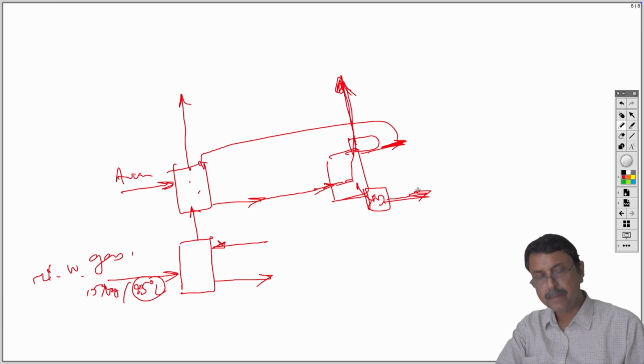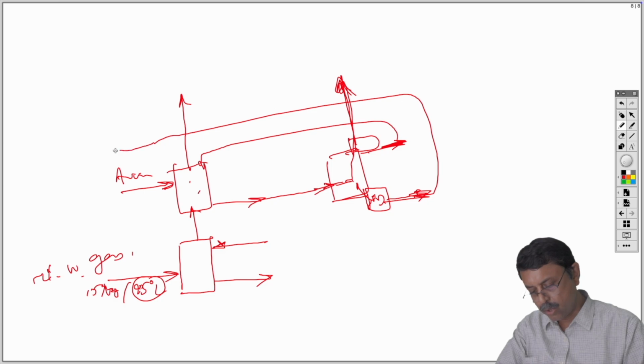So this stream becomes CO2 lean. There is less amount of CO2 over there. In other words, we can say that amine has been regenerated. Okay, it is a lean amine. Then this lean amine is again ready to absorb more CO2 from the gas. So it is recycled back to the top of the absorber.